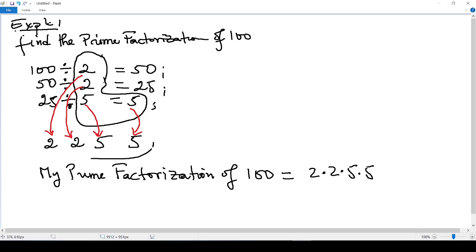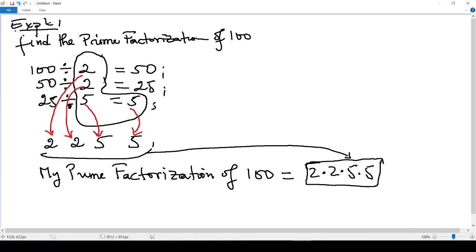So these are my results. And I stop there. You don't proceed. You don't just multiply and give back the result. If you start multiplying this, you will end up having 100. So what you need to give as a result is this one, that we can better write. How do we write it?